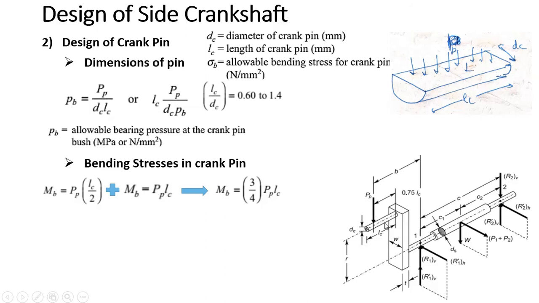So in that case we assume that it does not lie at the center, it does not lie at the edge, but at a distance of 0.75 LC. Here is the dimension, 0.75 LC. That means this PP is not at the center and not at the edge, but lies at 0.75 times LC from this point, and that is how the bending stress in the crank pin is calculated.